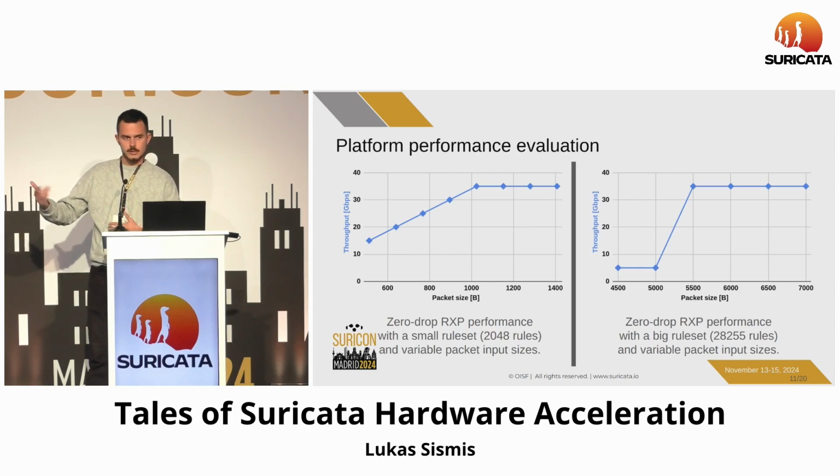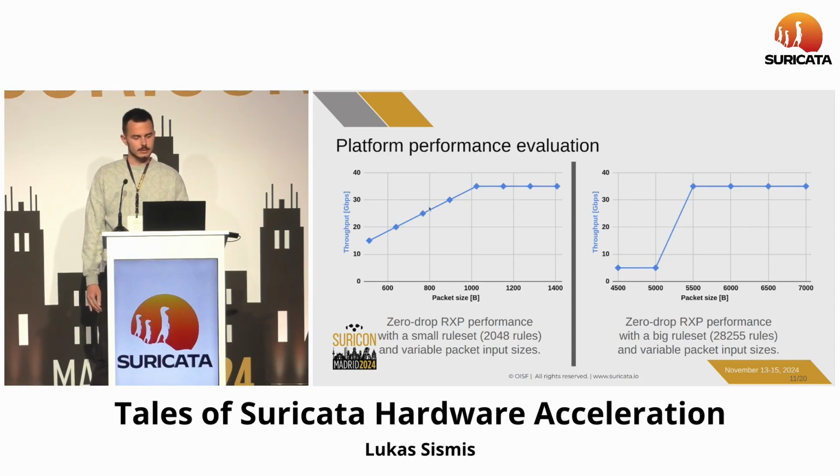We loaded the RXP engine with 2,000 rules and observed the throughput. What we saw is that if the RegEx engine had 2,000 rules and the packet size was over 1 kilobyte, then it was able to reach the 35 gigabits of throughput. But with smaller packets, meaning more operations per second, the throughput just dropped.